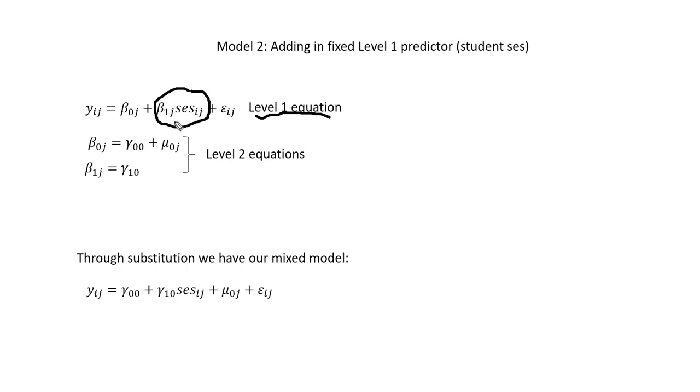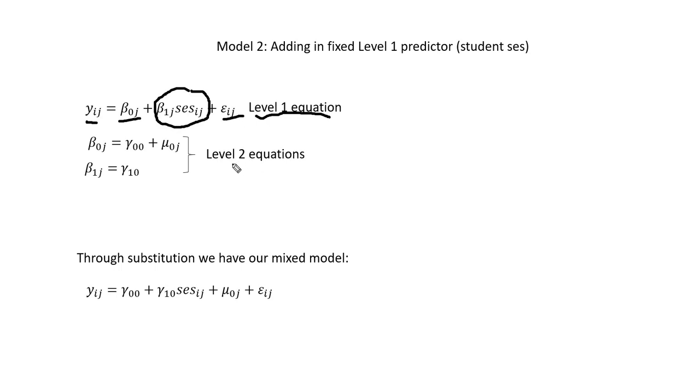The beta 1j is the fixed effect of SES, and that's being multiplied by each student i in school j's SES.